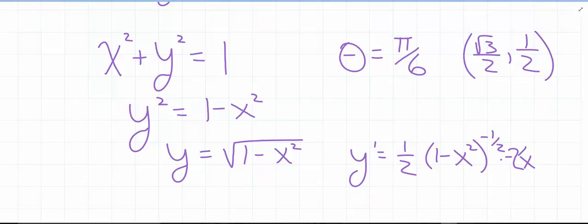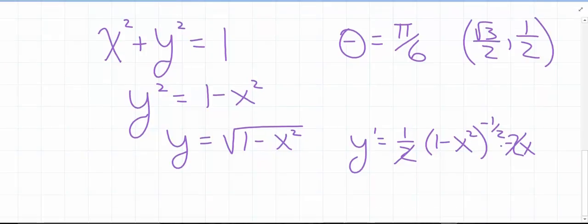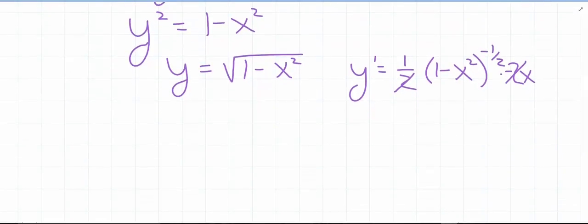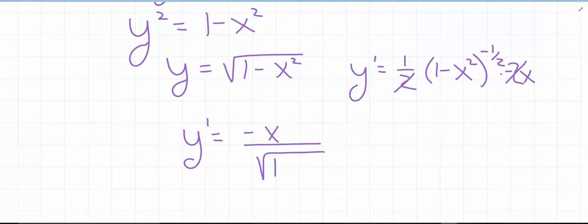And notice that these little fellas cancel. So we have a nice slope here. Our slope formula is now negative x over the square root of 1 minus x squared. There's our slope formula.